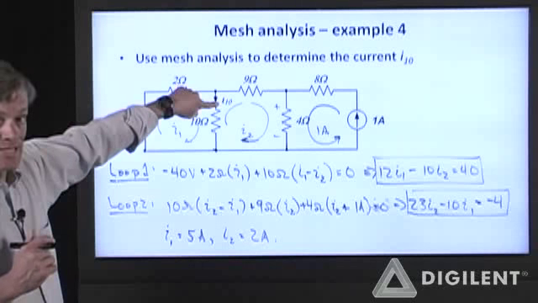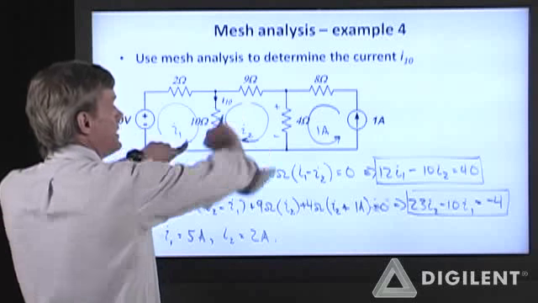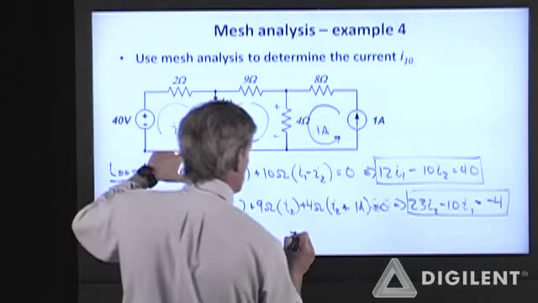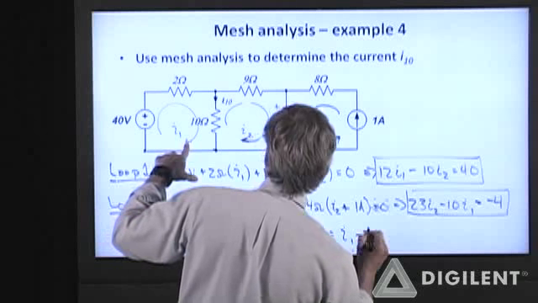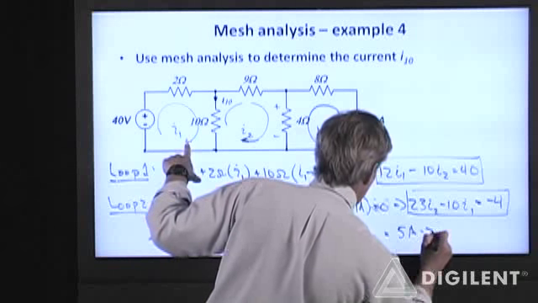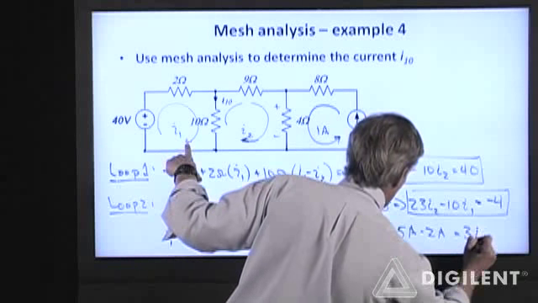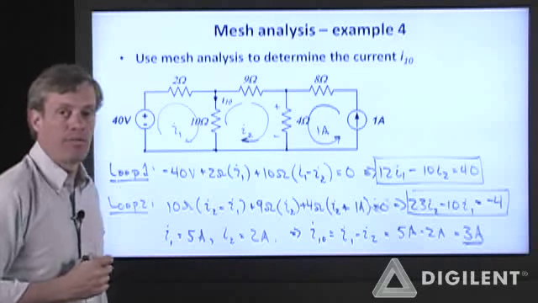What we want is I10. It is positive I1 minus I2. I10 is I1 minus I2, which is 5 amps minus 2 amps, which is 3 amps. And it is actually positive downwards.